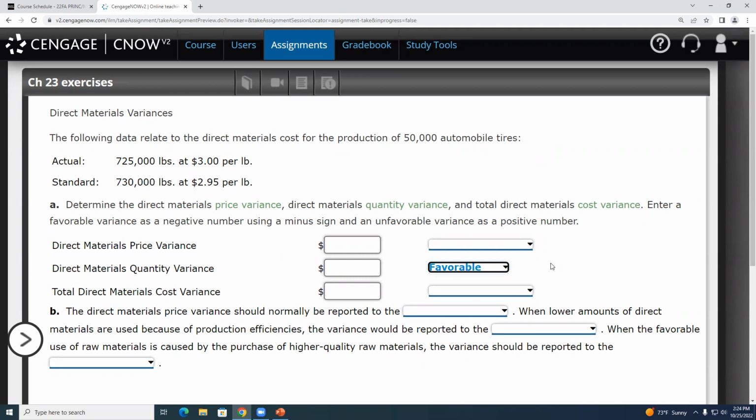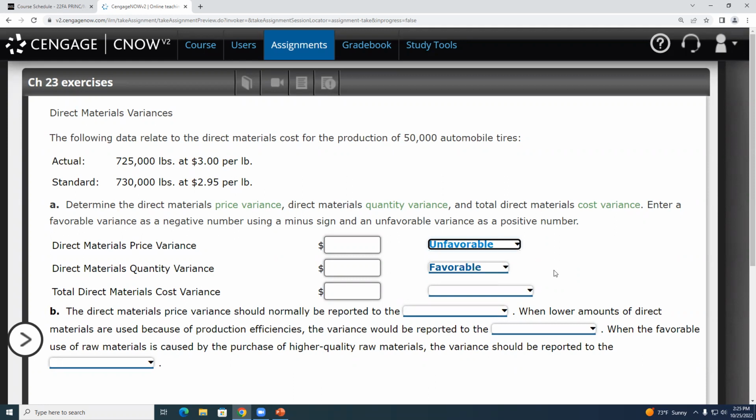How about the price though? Our actual price was $3 per pound and the standard would have had us spending $2.95 per pound. So the price variance, is that going to be favorable or unfavorable? Unfavorable. We spent 5 cents more per pound than we had planned. Might there be a relationship between those two things?